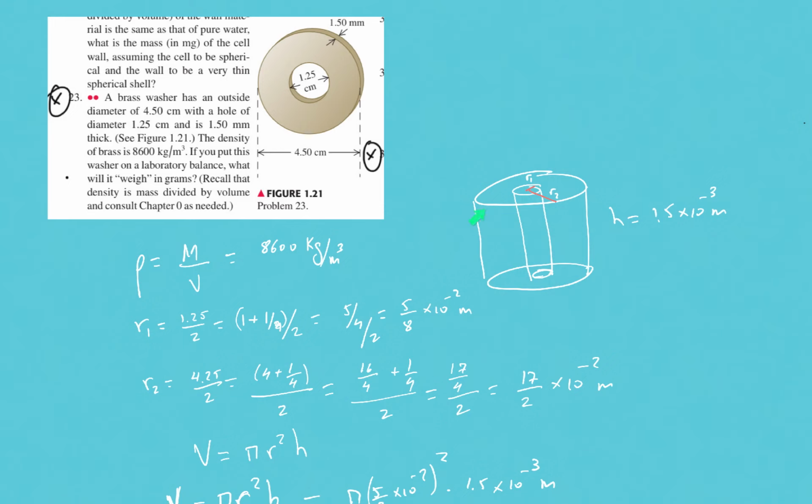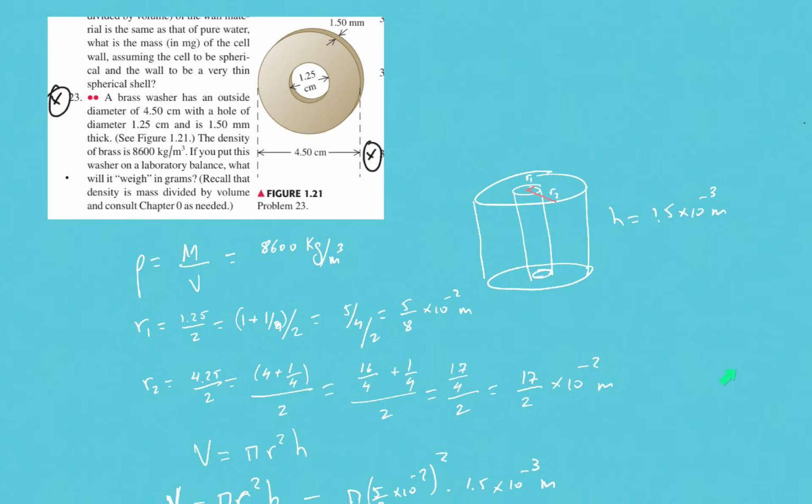So the volume of this geometrical figure, which is a cylinder, is pi r squared by h. But there is a hole here in the middle. Pi r squared is the area of the base, h is the height, so the area of the base by the height is the volume.